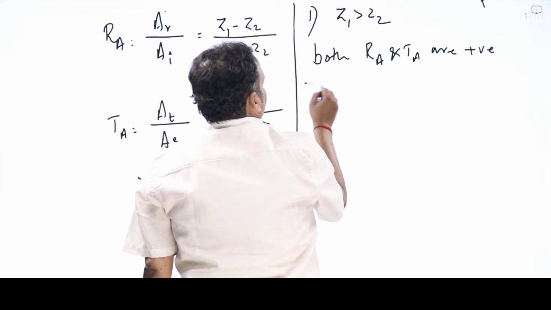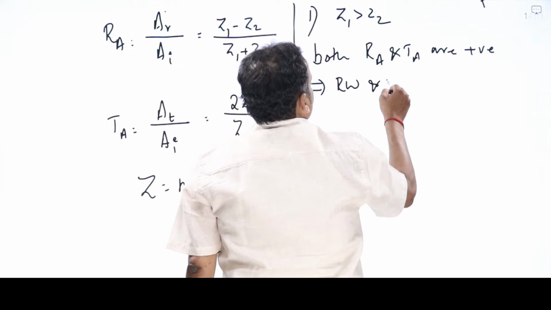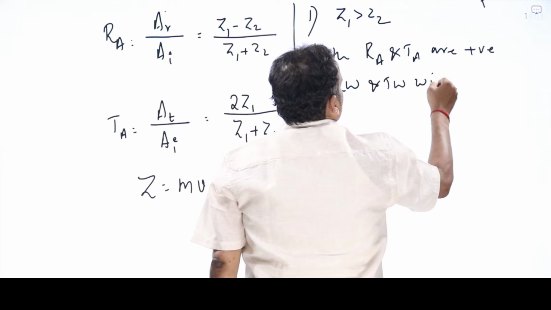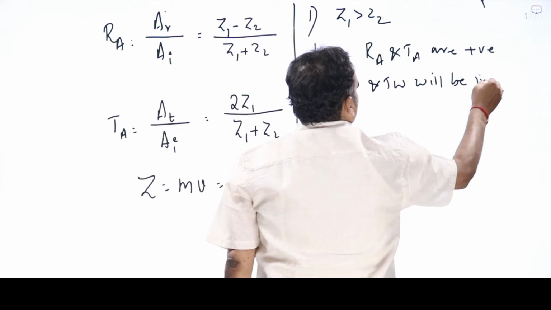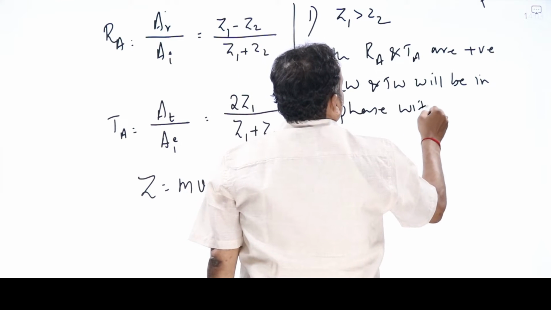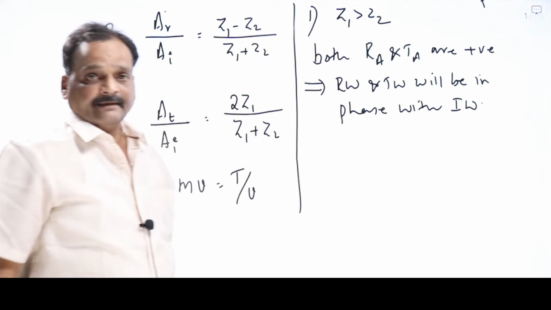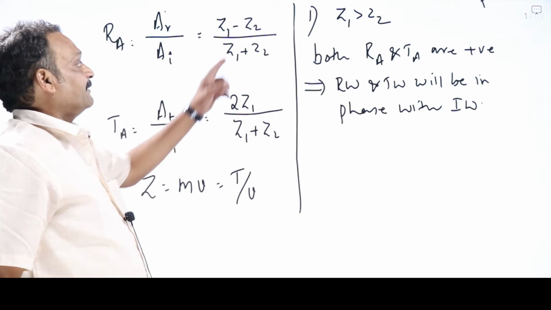That implies the reflected wave and transmitted wave will be in phase with the incident wave, when Z1 is greater than Z2.